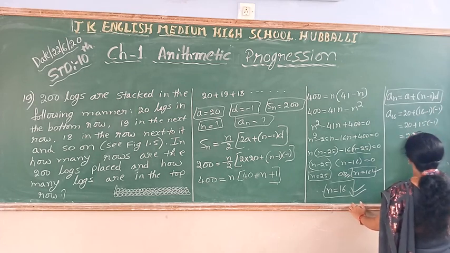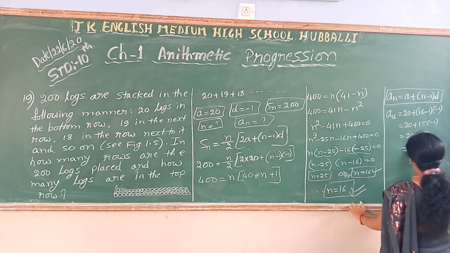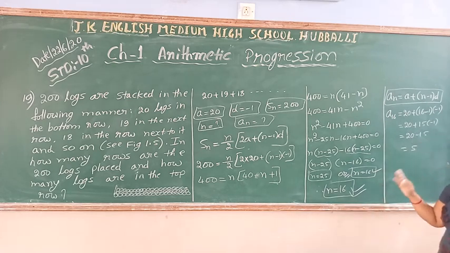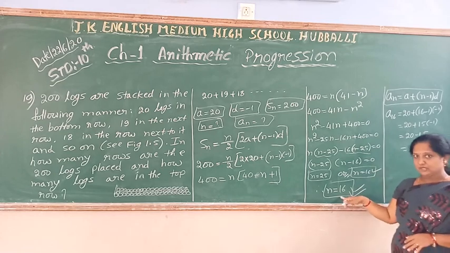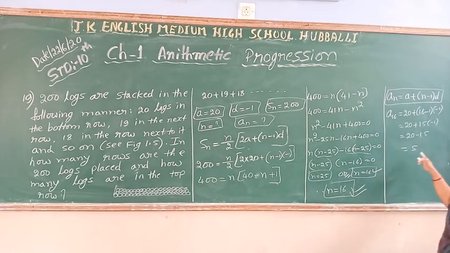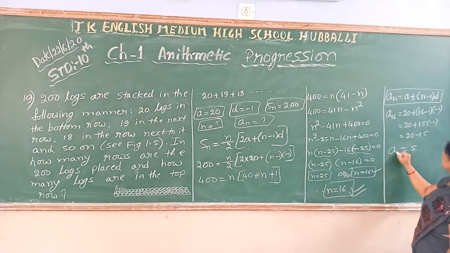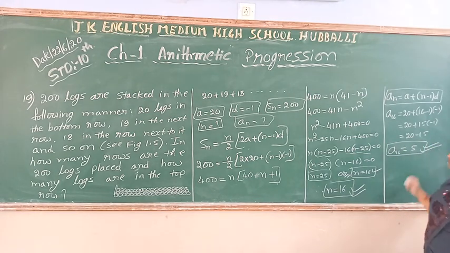Then 20 minus 15 is equal to 5. So there are 16 rows, and in the 16th row, the last top row, the number of logs is 5.